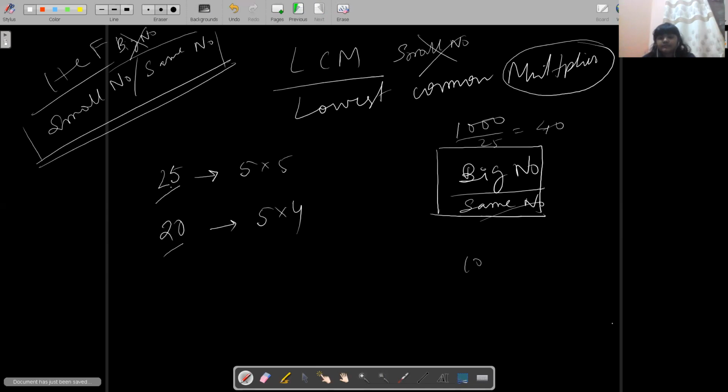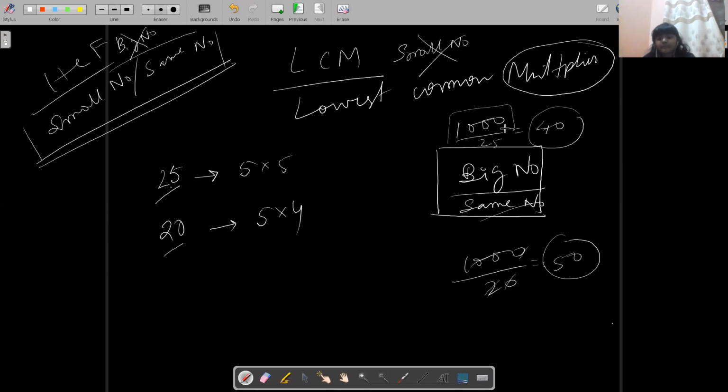Can I divide 1000 by 20? Yes, it's 50. So I am getting a positive integer value, right? So with 40 and 50, I can say 1000 is a multiplier of 25 and 20.